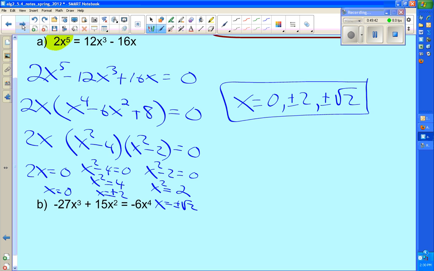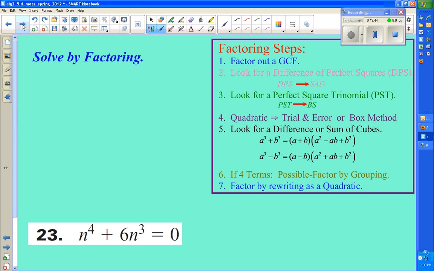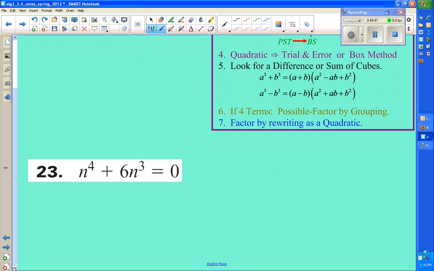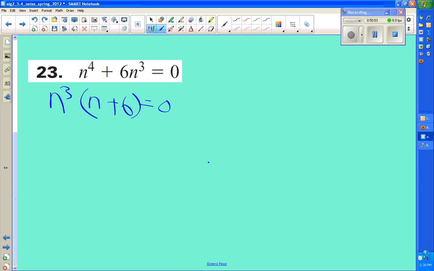So when you're solving, you need to factor first and then set each factor equal to 0. What's in common? N to the 3rd. What's left? Equals 0. Then you need to set each factor equal to 0. N cubed equals 0.